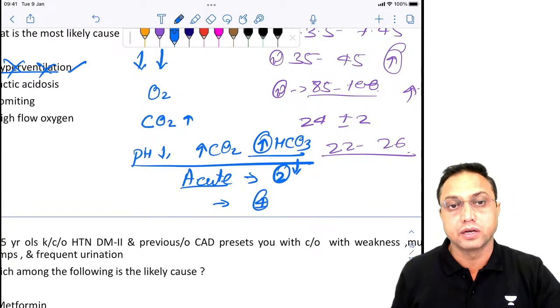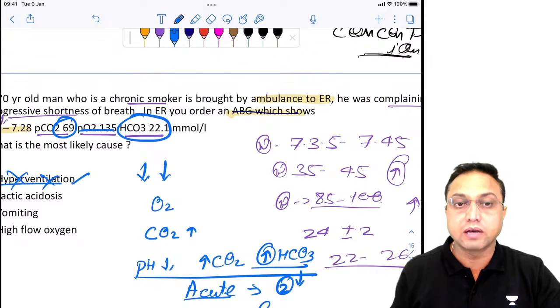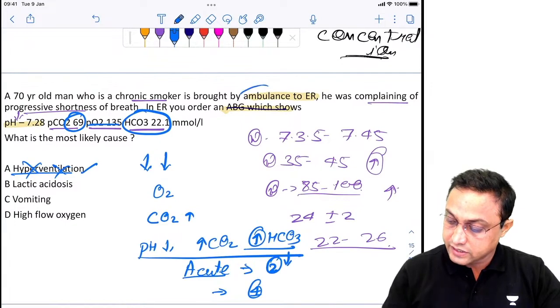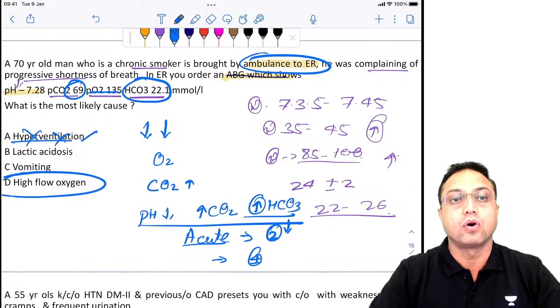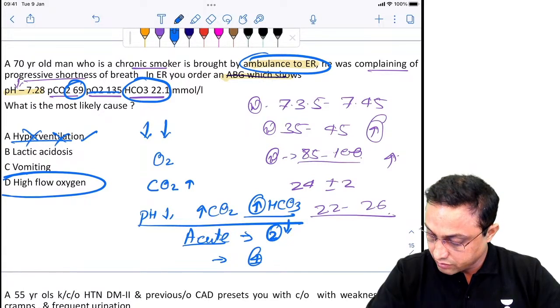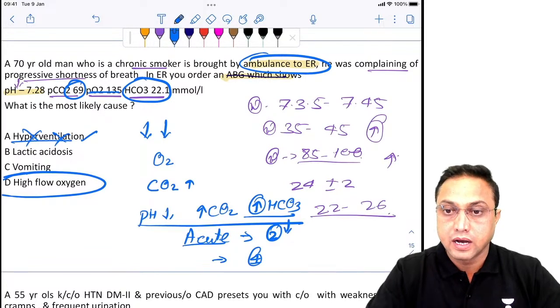But here you find that the bicarbonate level is normal. That's why it is highly likely that in the ambulance they have given a high flow of oxygen. So people who have given the answer as D, like Ashi, I appreciate your answer.